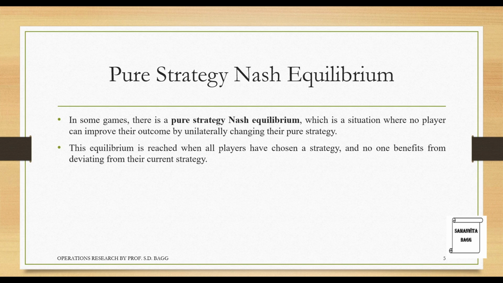If you recollect, Nash equilibrium means when one player is going to win, the other player or the opponent is definitely going to lose. So if you have reached an equilibrium where all the players have chosen a particular strategy and no one is going to benefit by deviating from their current strategy, we will call it a pure strategy Nash equilibrium.